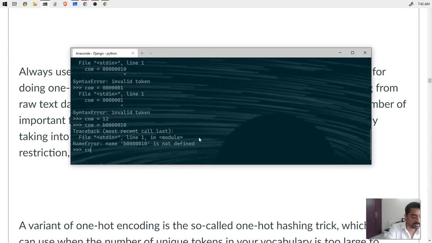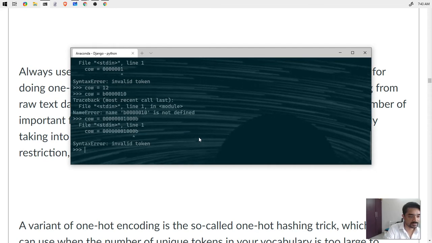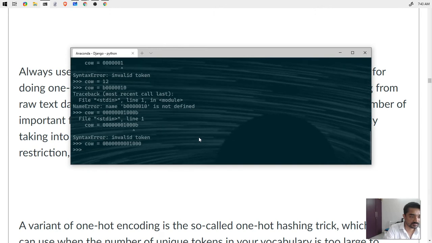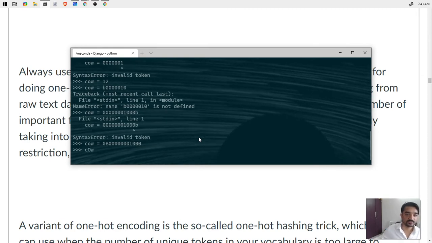Okay, so we can define cow as 000001000B. This should work. Okay, so I can assign a cow a binary number, but what should I assign this cow?